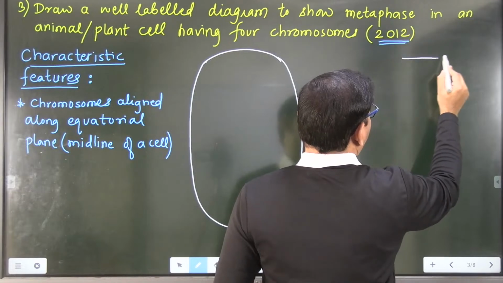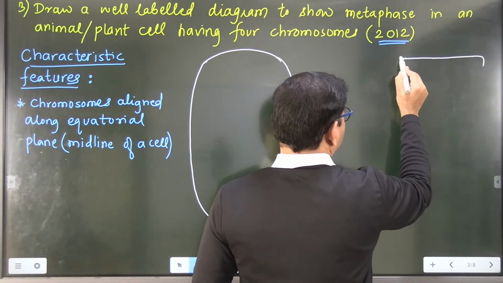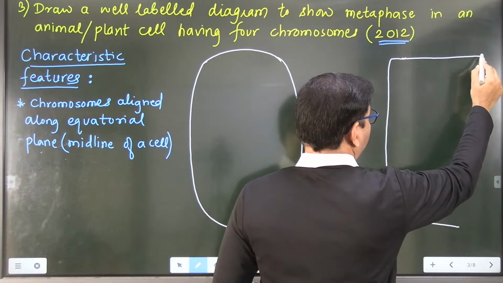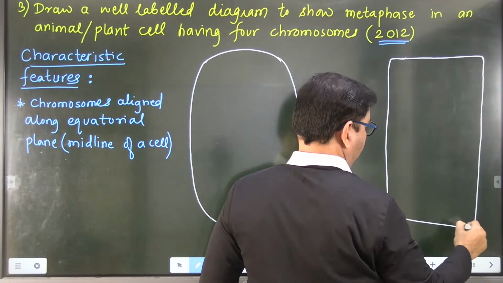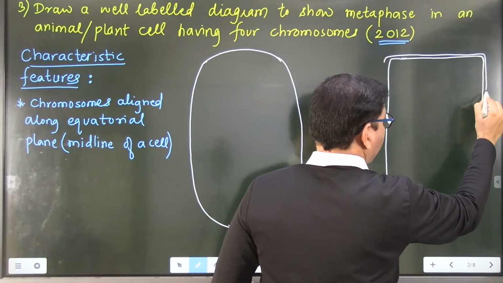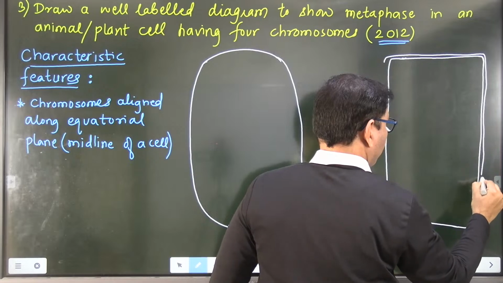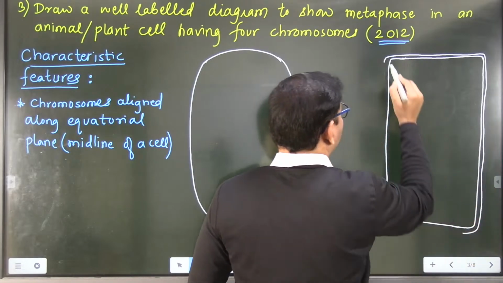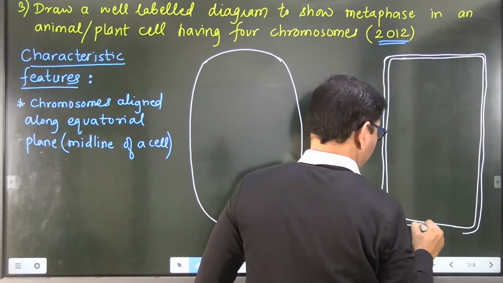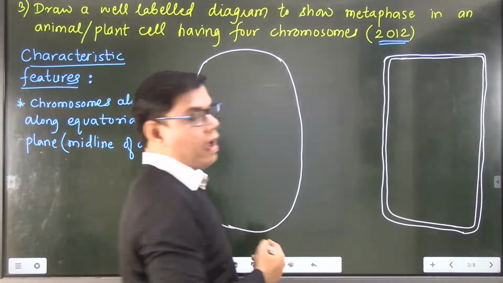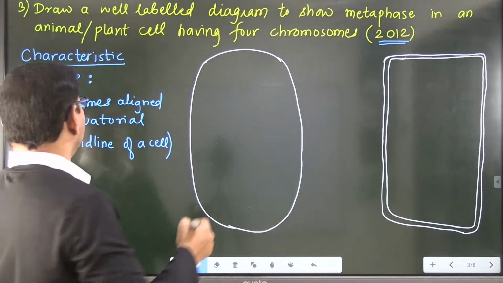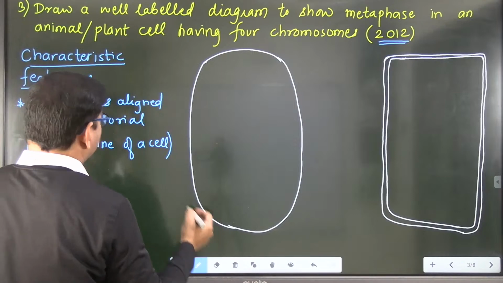And for the plant cell, first I will draw the cell membrane. Then I'll draw the cell wall. There should be a little gap between the cell membrane and the cell wall, right? Now, what are the characteristic features?